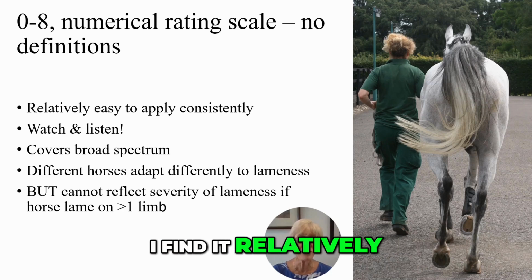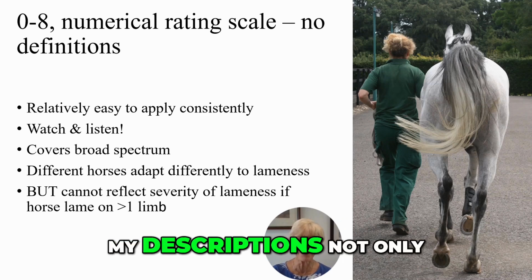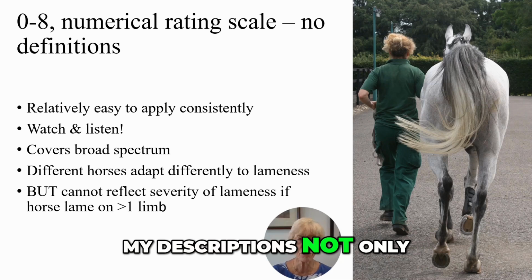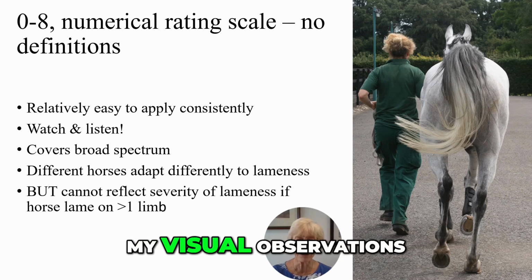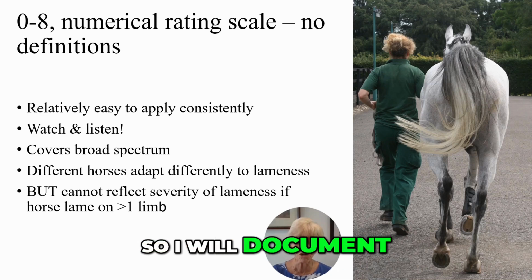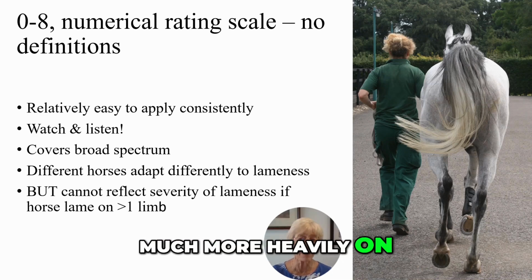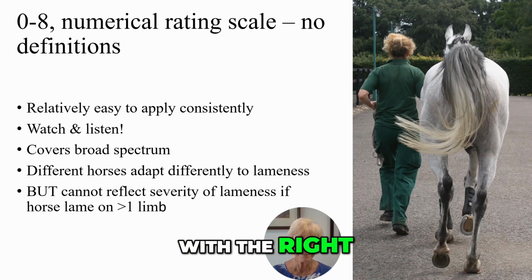I find it relatively easy to apply consistently, and I use in my descriptions not only my visual observations, but also what I hear. So I will document, for example, that the horse lands much more heavily on the left forelimb compared with the right.